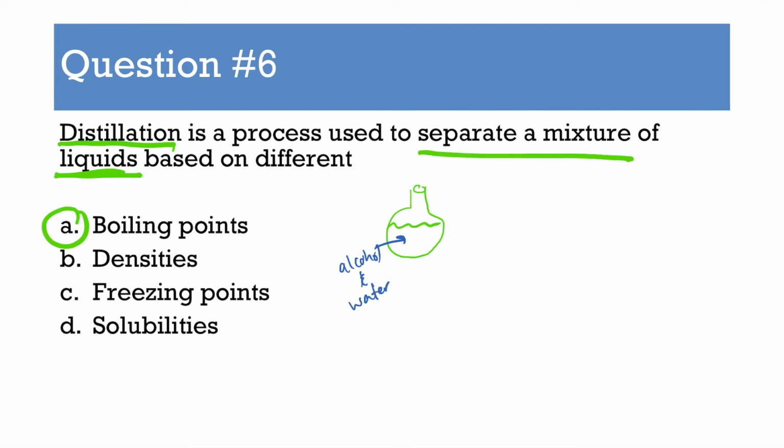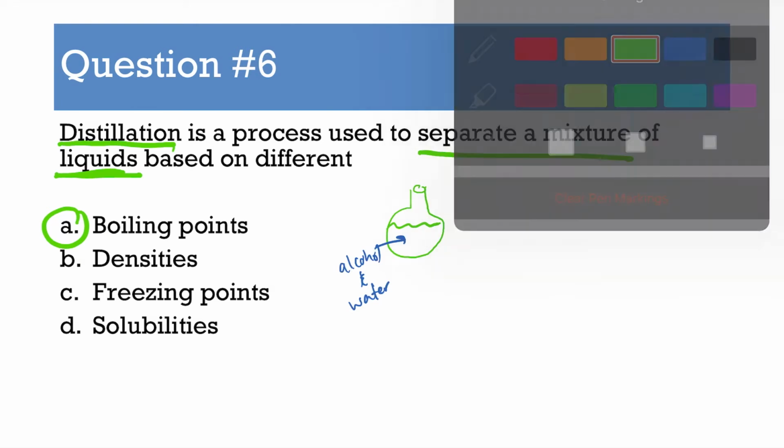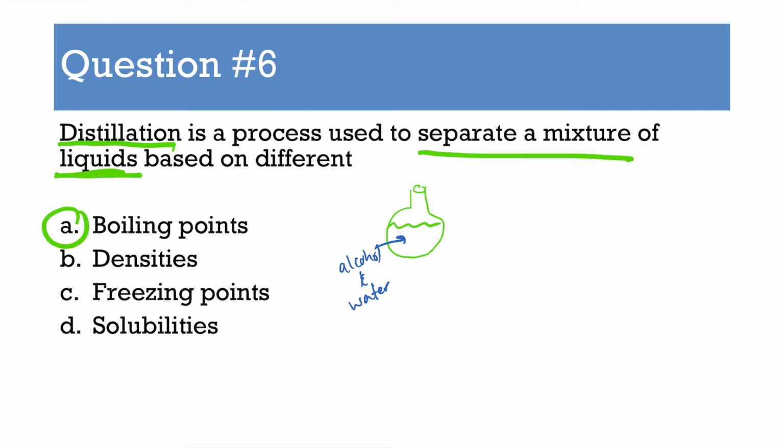Both of those are clear liquids, so they look exactly the same. But you want to get them separated, and you can't exactly pick apart molecules because that doesn't, first of all, make any sense, and second of all, it's not really that possible. So you stick it, and this is a very bad drawing, but you stick it into a distillation setup, and so this is your condenser tube, and it's connected to, here's a little opening, and there's a little beaker underneath it.